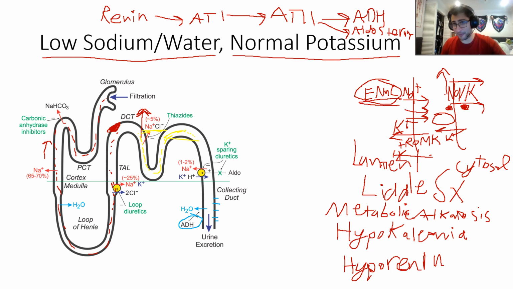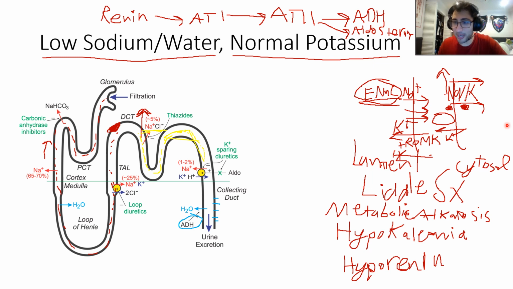The ascending loop of Henle is mainly going to be salt absorption through this Na-potassium-2-chloride symporter. And then there's going to be even more salt reabsorption over here in the distal convoluted tubule through the sodium chloride symporters, such that by the time you get over here, most of the salt has been reabsorbed. All right. So because there's not a lot of sodium getting here, not a lot is going through the ENaC channel. And because not a lot is going through the ENaC channel, you don't actually lose that much potassium.